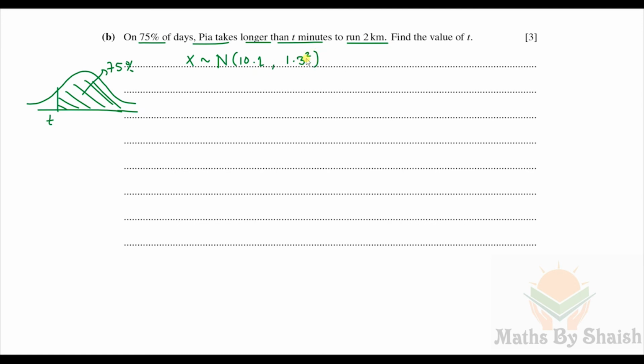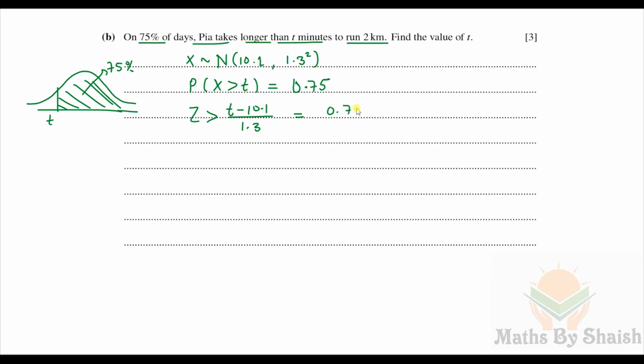So the probability that x is greater than t is 0.75, and if we convert it into the standard normal distribution, we get z greater than t minus mu, 10.1, upon sigma, 1.3, equal to 0.75.